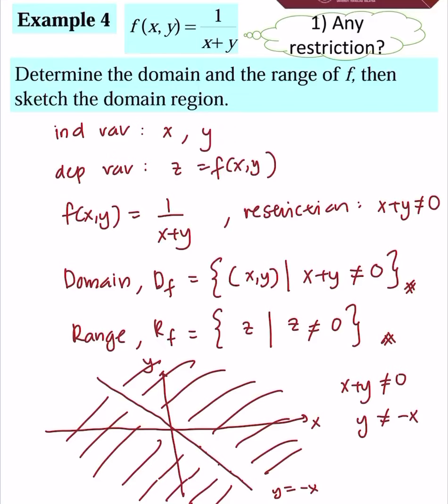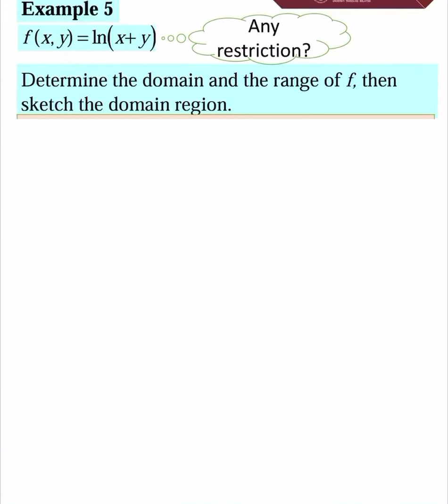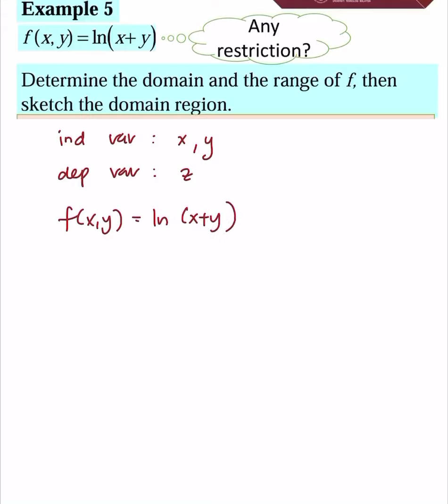For f(x,y) equal to ln(x plus y), we need to determine the domain and range of f. Again we have the independent variables x and y, and our dependent variable is z, in terms of x and y. What is the restriction?